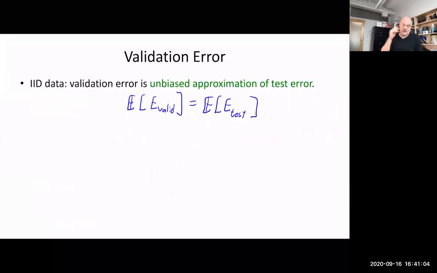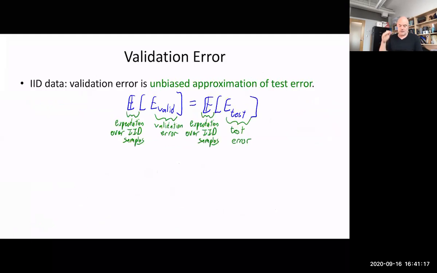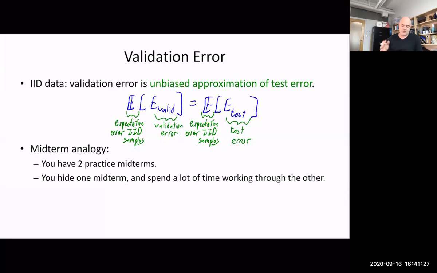The critical part is that the validation error is an unbiased approximation of the test error, okay? So this is an expectation over data items drawn from the true data generation, and this is an almost trivial statement. We have the test error, an expectation over IID samples, and the validation error, an expectation over IID samples. Provided that you make the IID assumption, this expectation passes through, and this is almost a tautology.